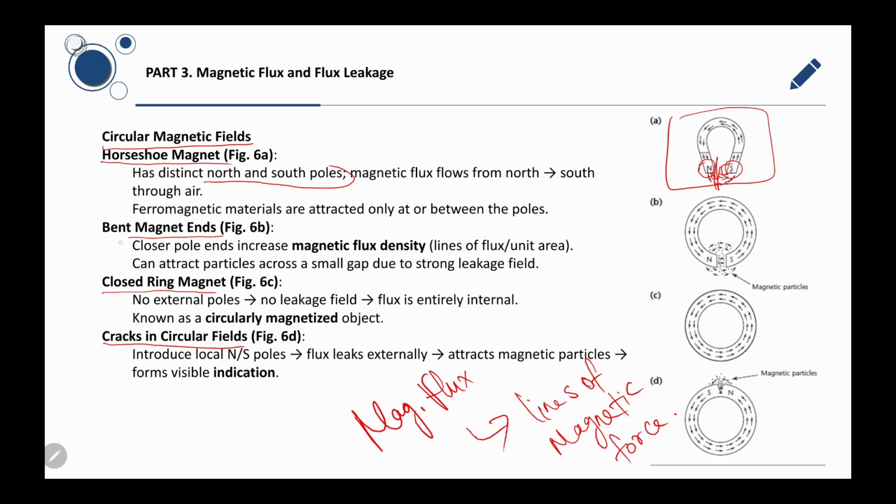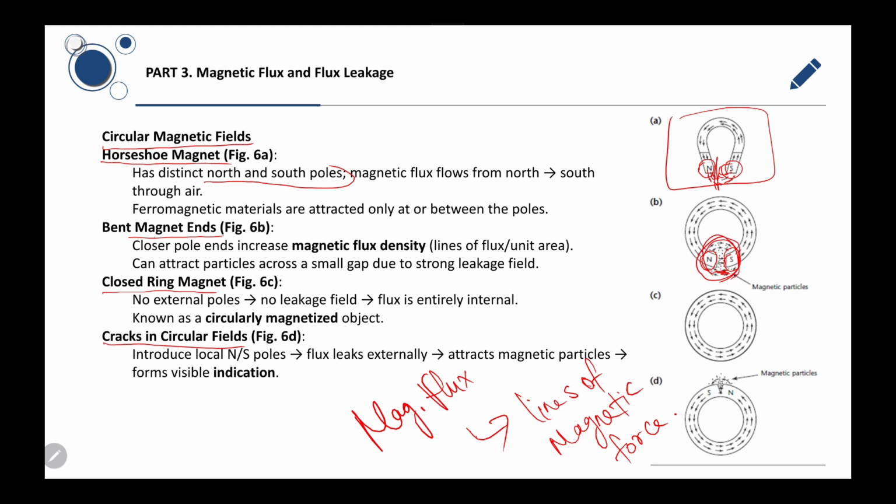Next we will see the bent magnet ends. If you take a magnet and bend its ends closer together, this is the closer end. So here also north pole and south pole. The pole ends become very close and this causes the magnetic flux density to increase in that area.